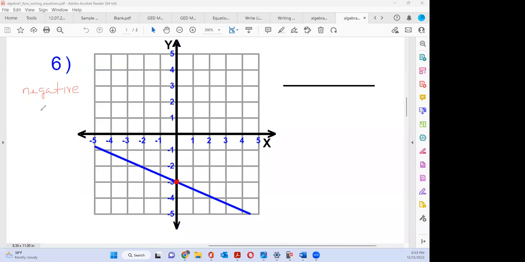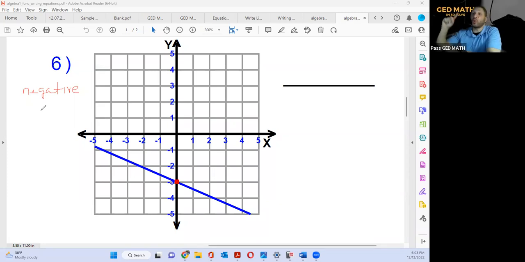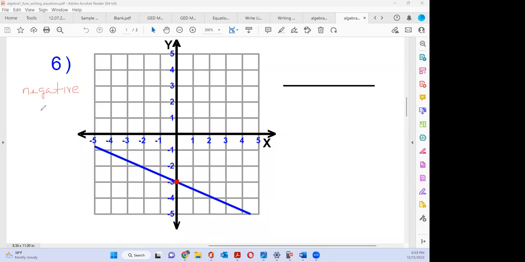The line where it intersects. Intersects what? What is that called? The slope? No, not the slope. B. What is B known as?